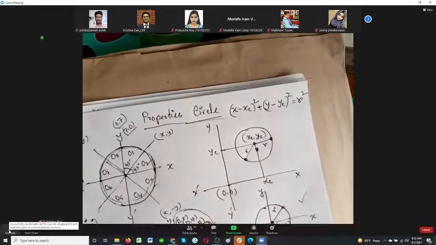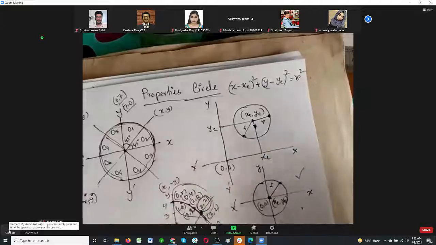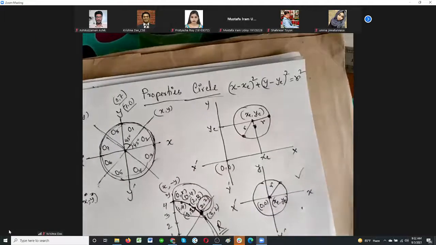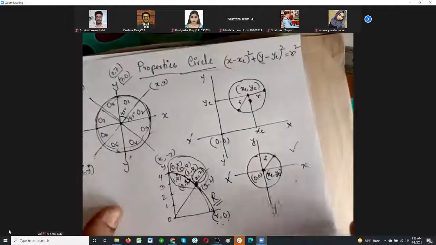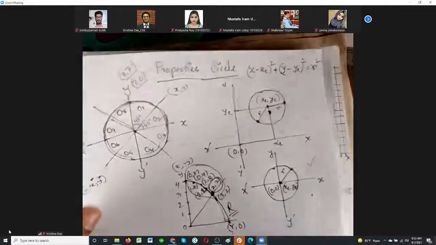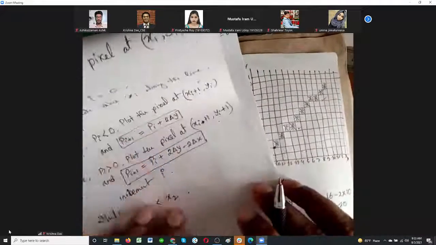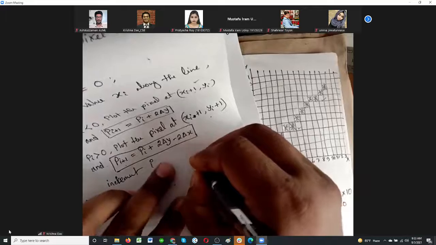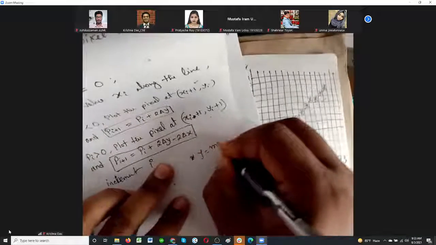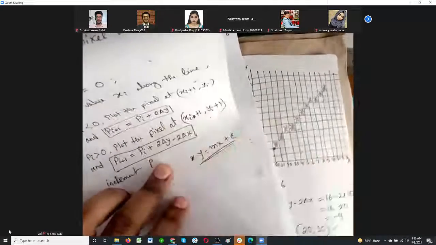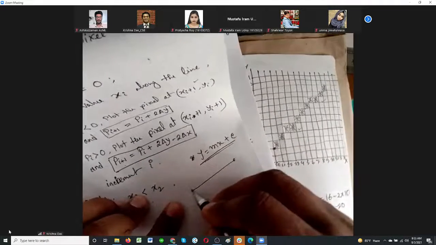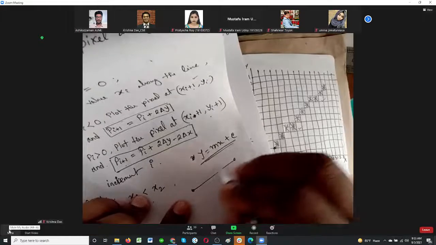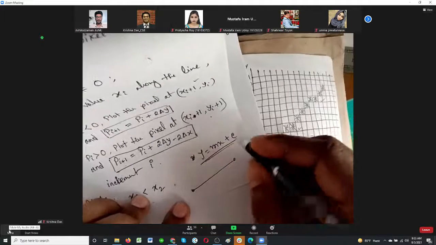That's why I go for this basic discussion, because at the end of the day, this is your learning. You will never forget. In the line equation y equals mx plus c, m is the slope and c is the intercept on the y coordinate.